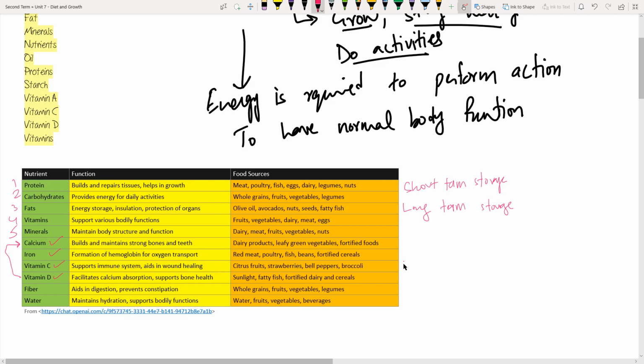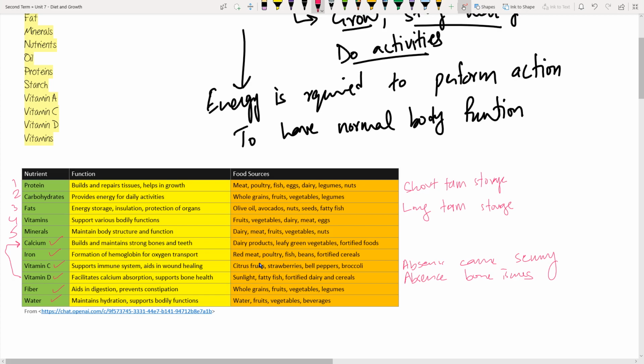Absence of vitamin C causes scurvy, and absence of vitamin D causes bone or skeletal issues. Then we need fiber. Fiber aids in digestion. And finally, we need water to maintain hydration of our body.